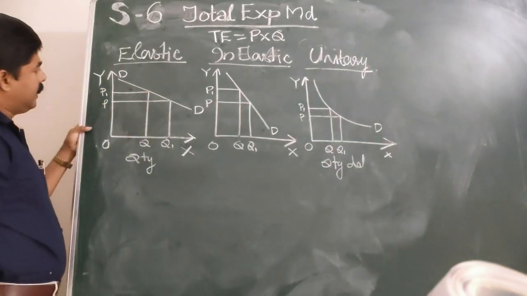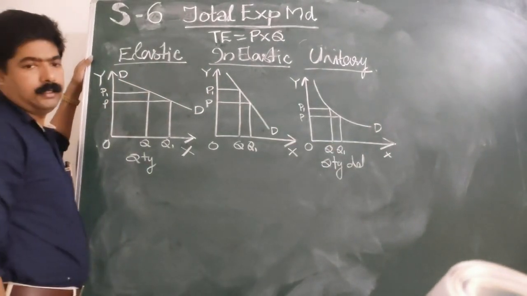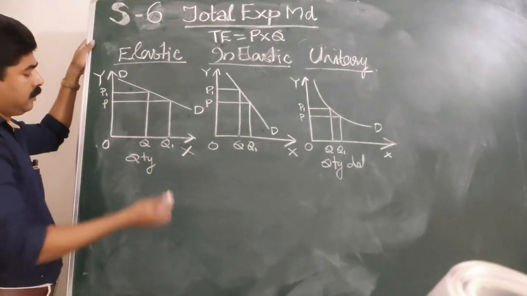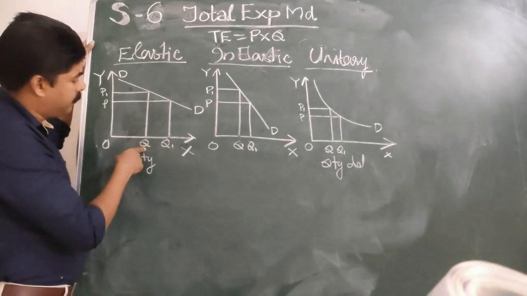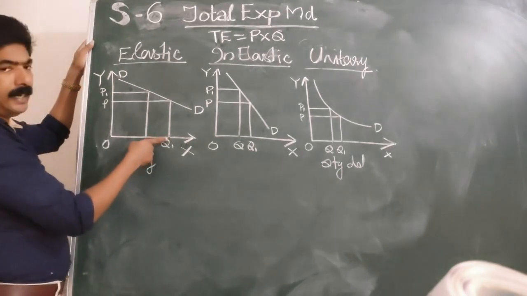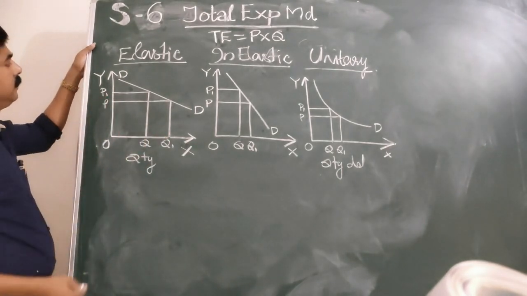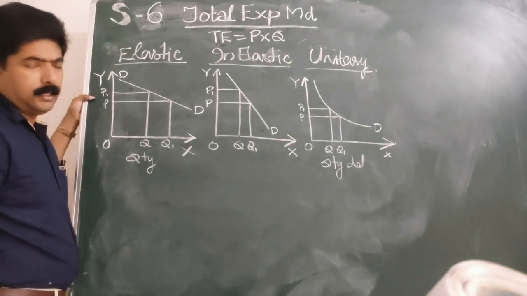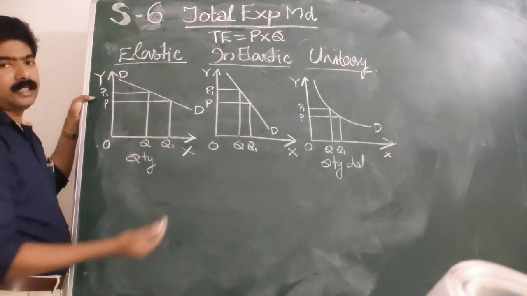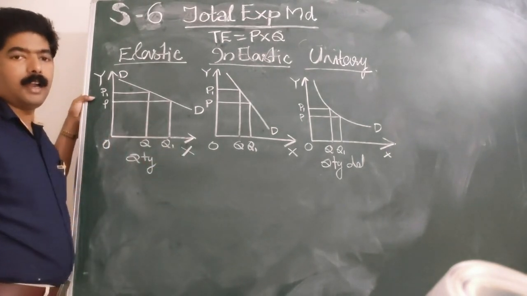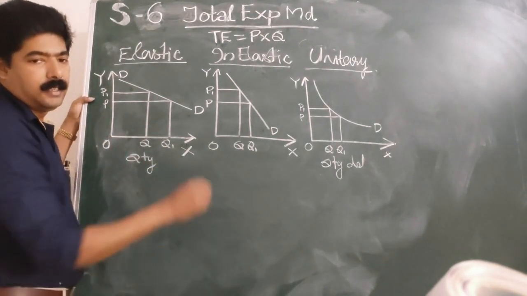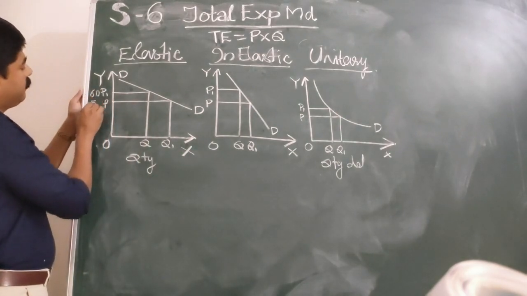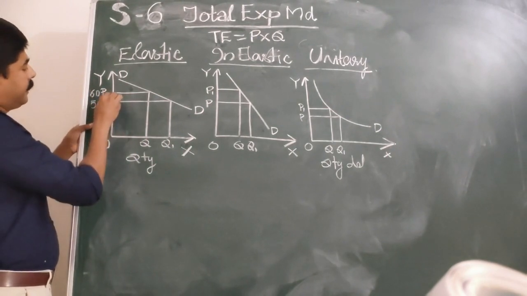And to understand elastic demand, what is elastic demand? Change in quantity demanded of a commodity is greater than change in price. So it means that a fall in price can increase the total expenditure. Suppose the price falls from 60 to 50.